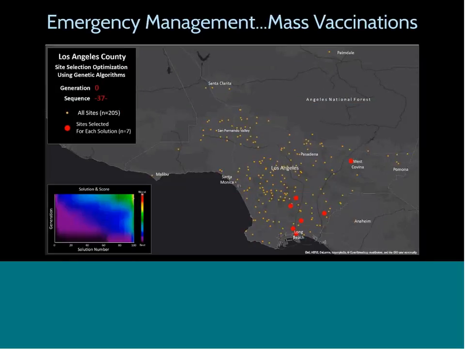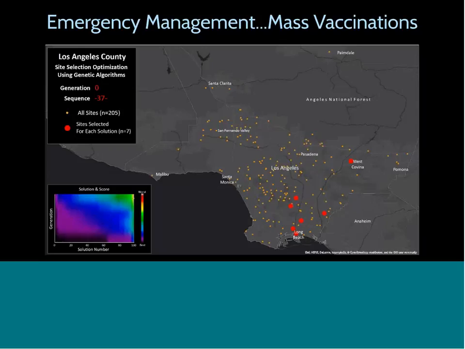Another application that we have used the synthetic population for is mass vaccinations. The issue here is that a county such as LA County has 205 locations where they can do mass vaccination.